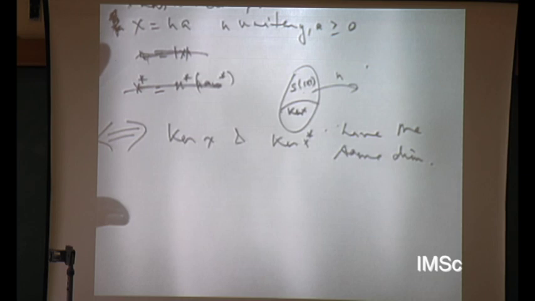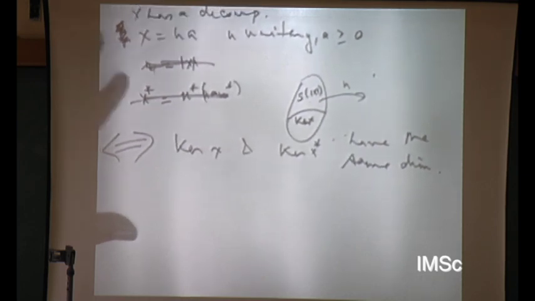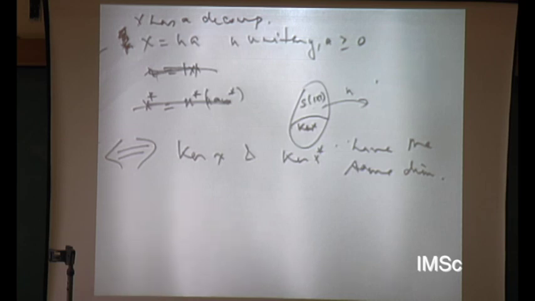And here X equals UA, in the polar decomposition, if U is unitary. No, I'm saying not in the polar decomposition. An operator X can be written as a unitary times a positive if and only if the kernel of X and the kernel of X star have the same dimension.